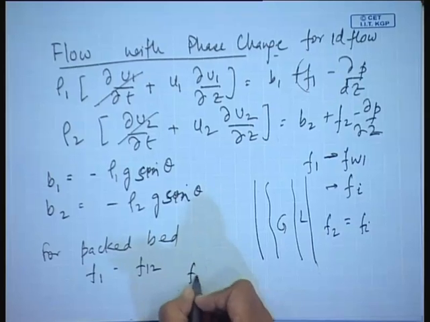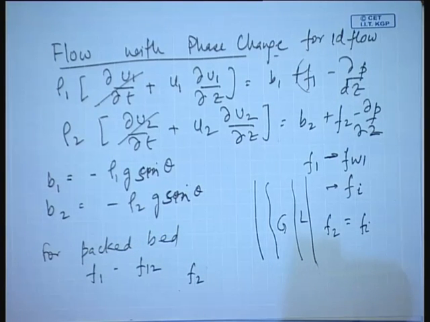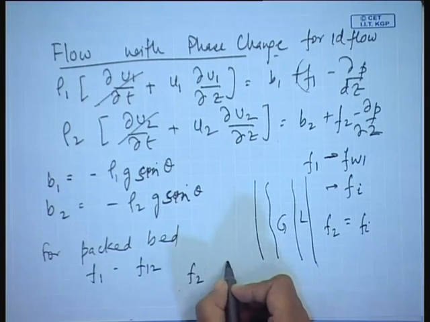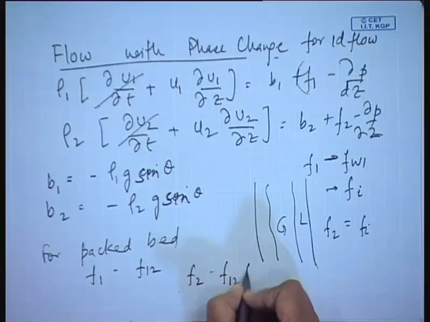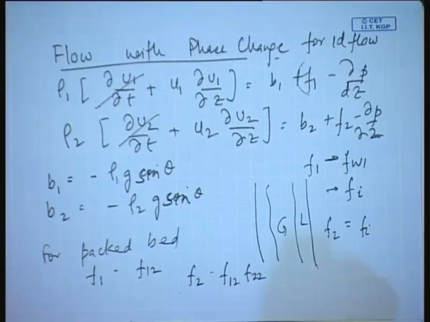And what will F2 comprise of? F12 or F21, whatever it is. Anything else? Will F2 comprise of anything other than F12? F22, particle-particle interaction. In this particular case it becomes important. For gas liquid cases it is not important, but for particle-particle cases it is very important. So, it will comprise of F12 and F22.